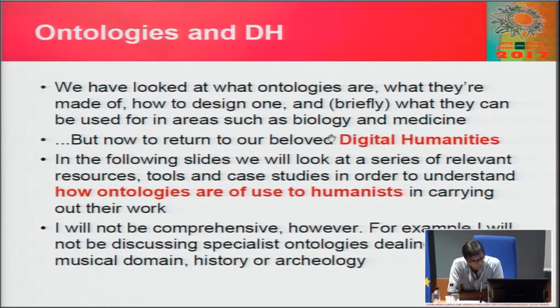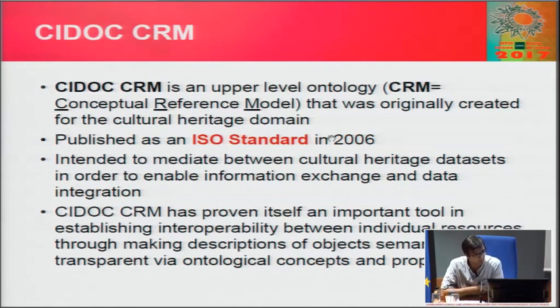But I'm not going to be comprehensive, and there are things that I'm not going to be able to cover in the rest of the presentation. For instance, I'm not going to talk about specialist domain ontologies dealing with music, history, or archaeology. So bearing that in mind, let's continue.